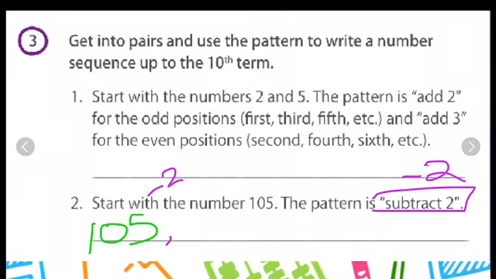So that means 105 minus 2 will be obviously 103. 103 minus 2, 101, and so on. I hope that part is also clear. Exercise number 2 is really easy because you just have to subtract 2. But on number 1, I think they made it a little bit harder because you have to focus on odd positions, even positions, and depending on what you have to add.